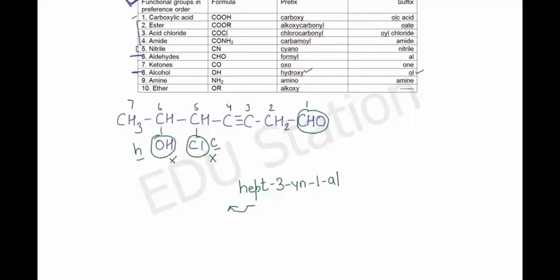So the name will be 5-chloro 6-hydroxy hept 3-ine-1-al. So when you are naming, just keep in mind, you always write the end first, starting with word root. Do not start from the beginning. You write word root, kind and preferred functional group, and then you write everything else in the beginning.